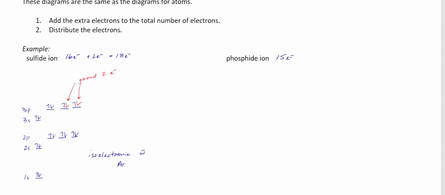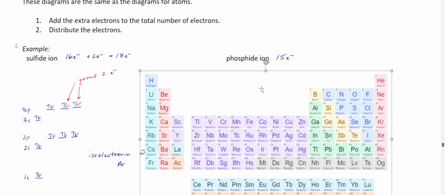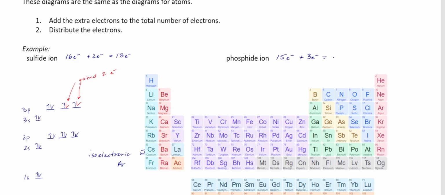So let's take a look at the periodic table. Okay, so phosphorus is right here. It's a nonmetal, so it has a tendency to gain electrons. So it's going to gain 1, 2, 3 electrons. So phosphorus will gain 3 electrons to have a total of 18 electrons.